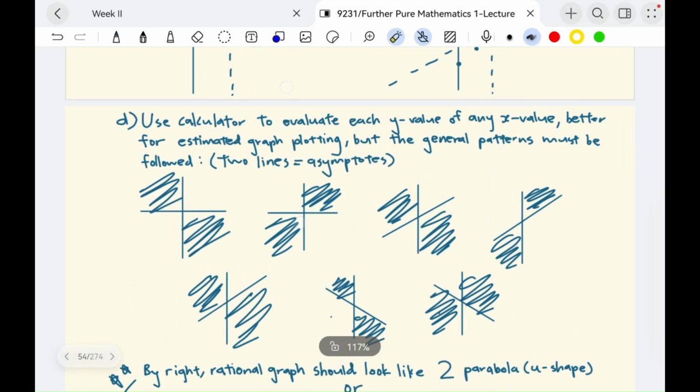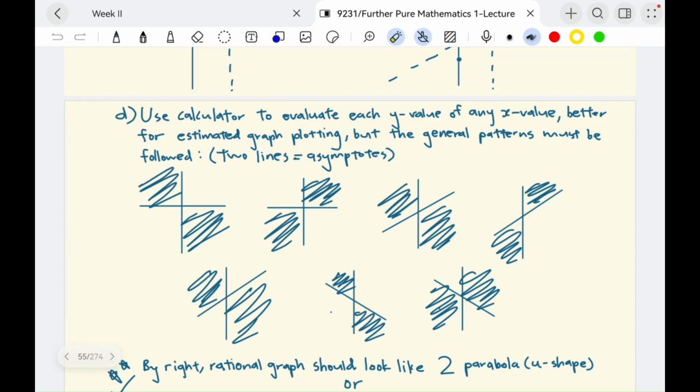And then of course you can use the calculator to evaluate each y value. What is the change of y? As x increases, does y increase? So what are the variations? Okay? And here are a few general patterns that must be obeyed. Okay?